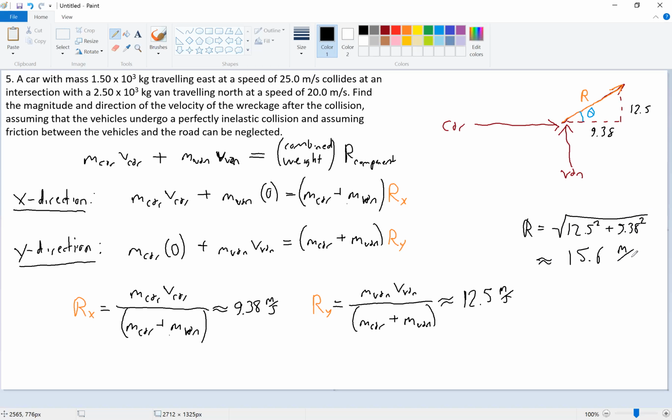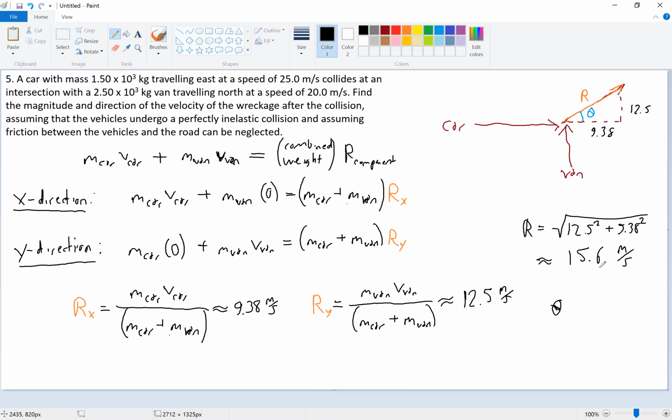It's a velocity vector. And so you got that, and then to find the angle, you don't use the hypotenuse at all.